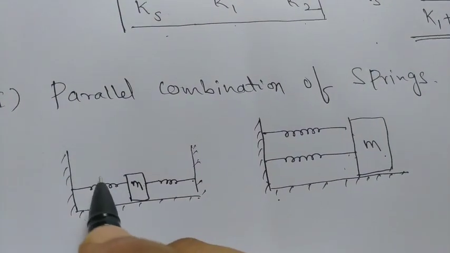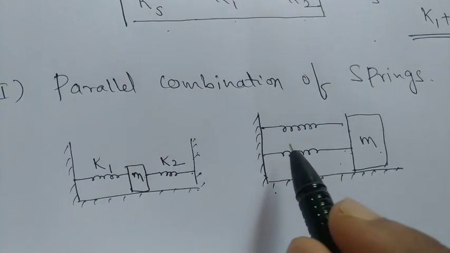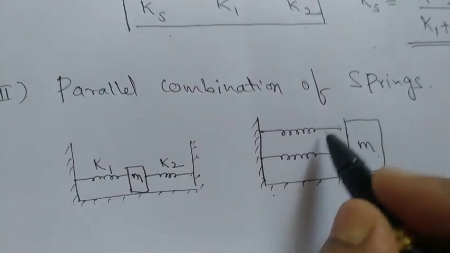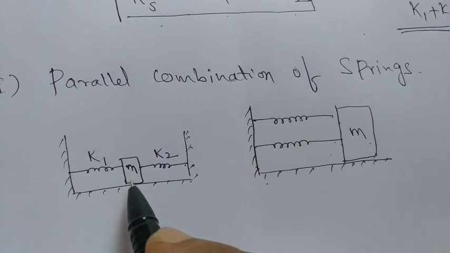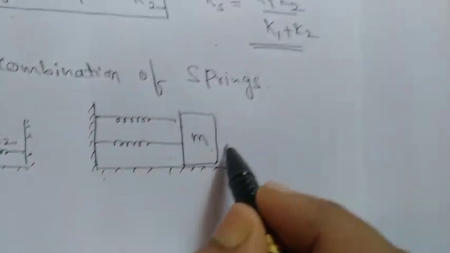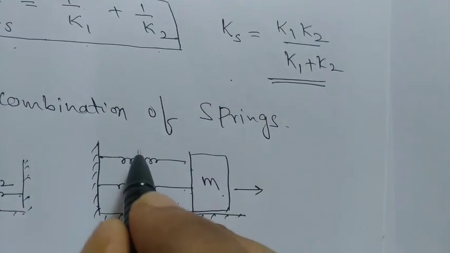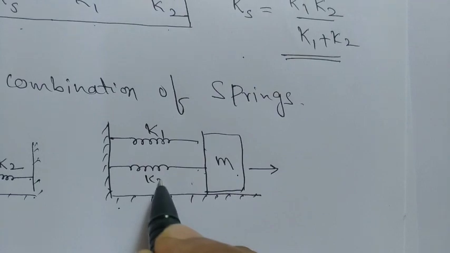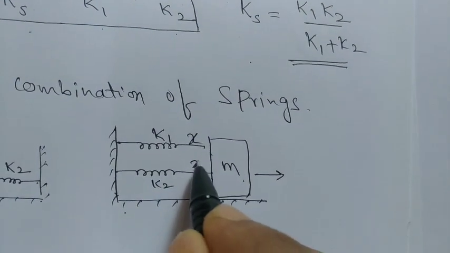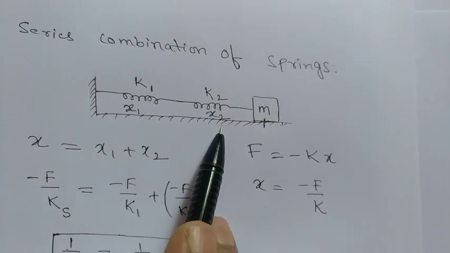Such a combination is also known as parallel combination, and k1 and k2 are the spring constants of those two springs. The extension is the same in the parallel combination. If you pull the block and release, the extension developed in those two springs remains the same, with no change. But in series combination the extensions are different.